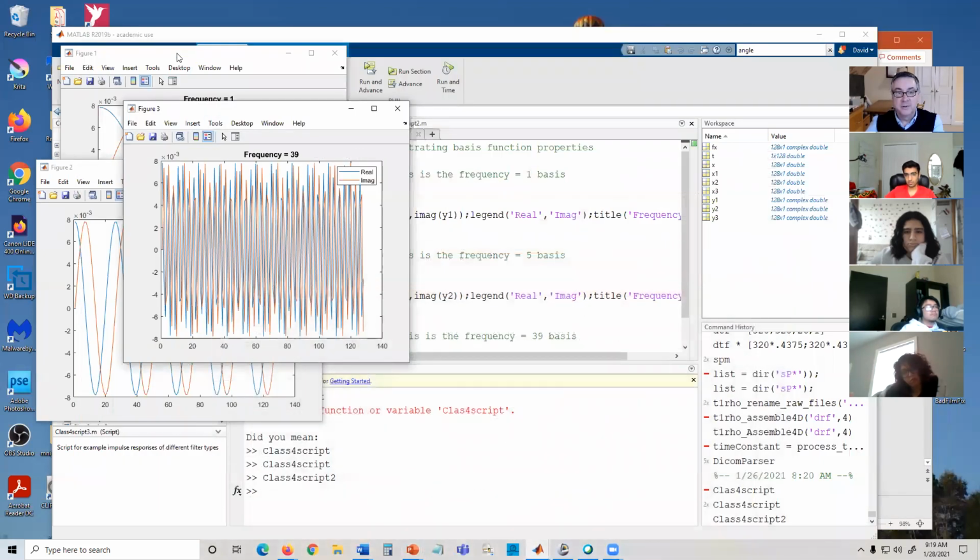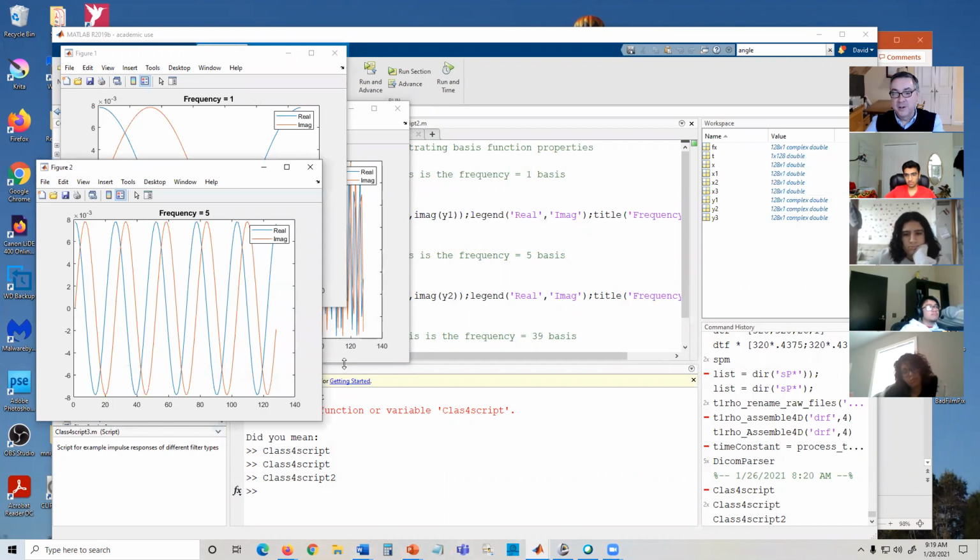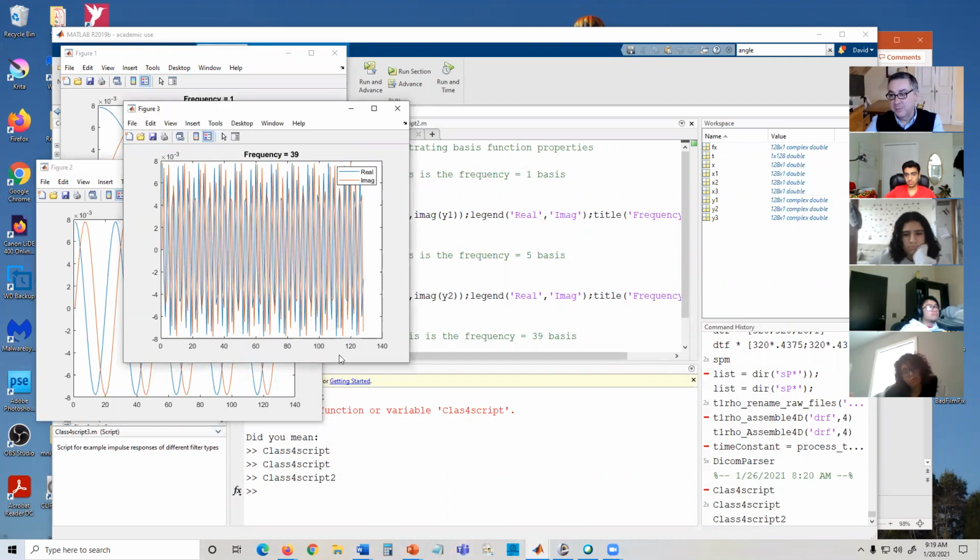In other words, that's 1 cycle per recording period. That's 5 cycles per recording period. That's 39 cycles per recording period. And if we said the recording period is 1 second, then we can convert those to hertz, right? But it depends on what the recording period is. But that's how we're going to interpret the frequencies from MATLAB.